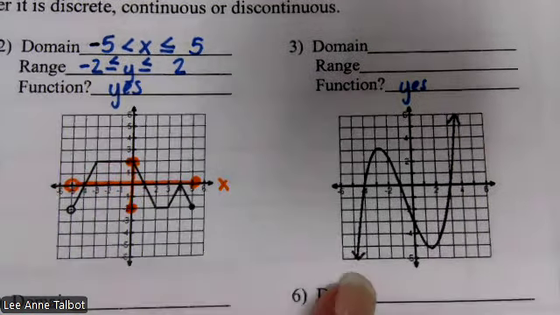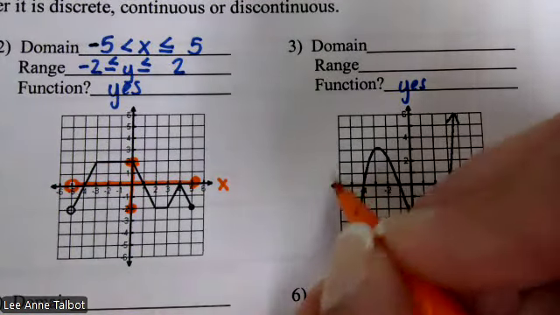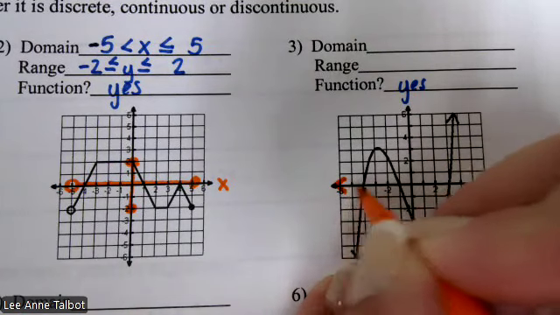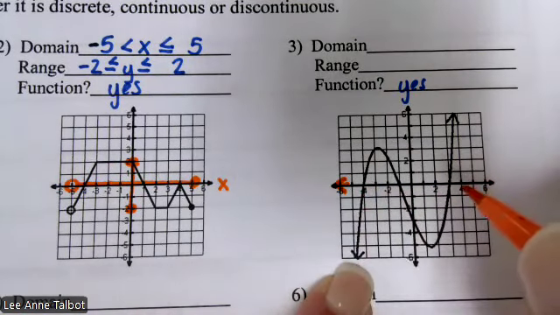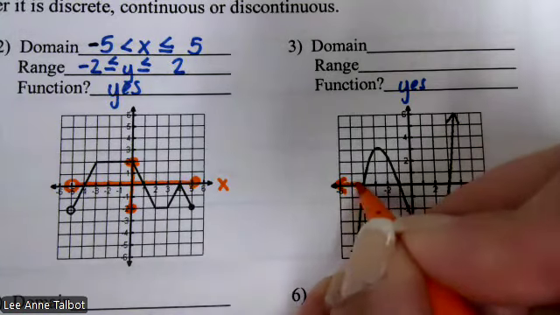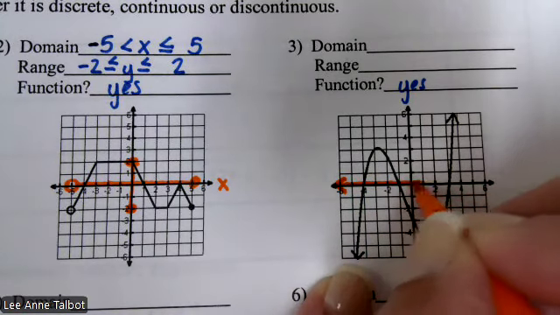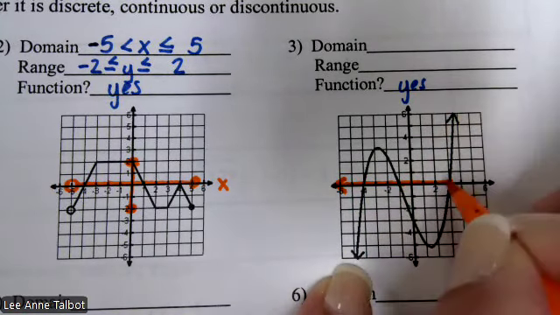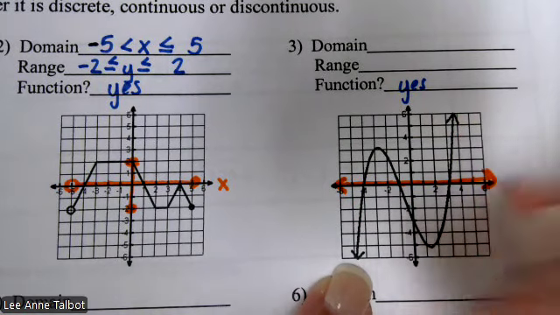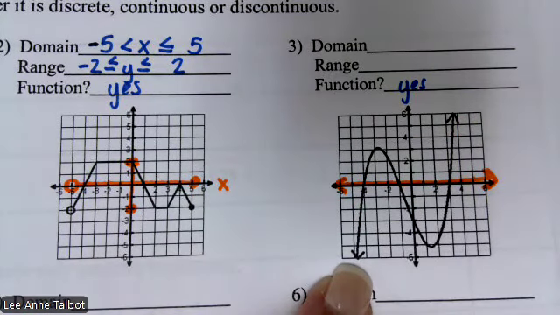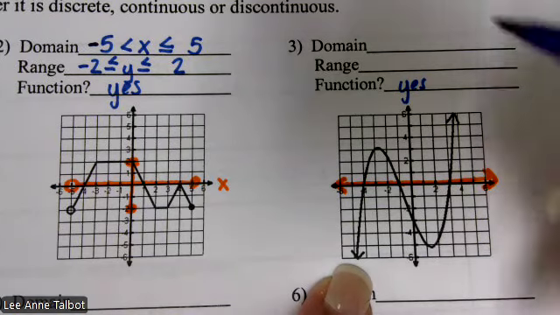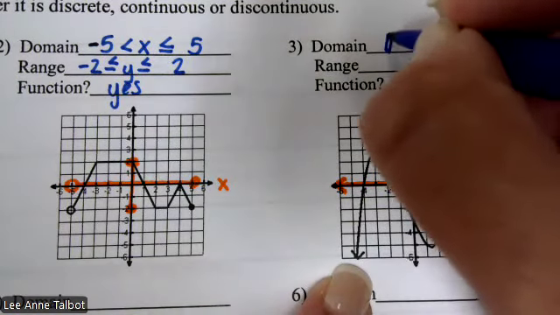Okay, number 3. This arrow is going to go forever to the left. So I'm going to put my arrow to the left. The graph goes through here, through here, through here, and this arrow goes forever to the right. So that's all real numbers.